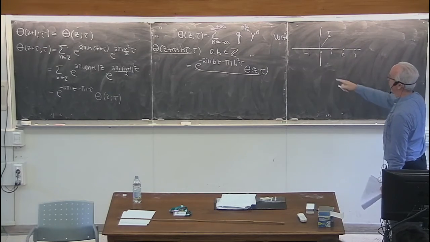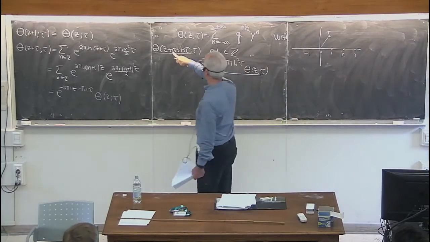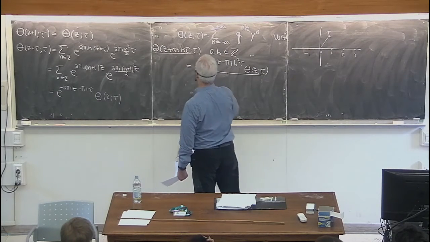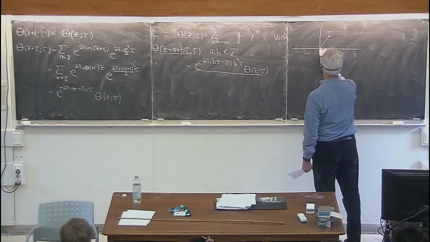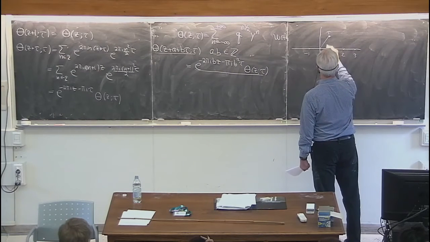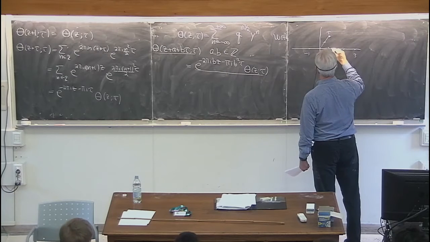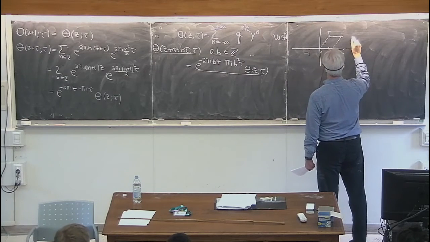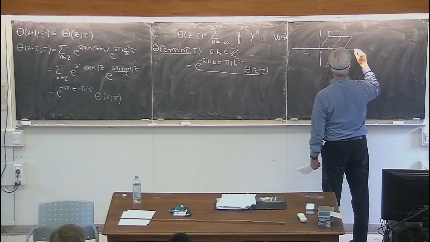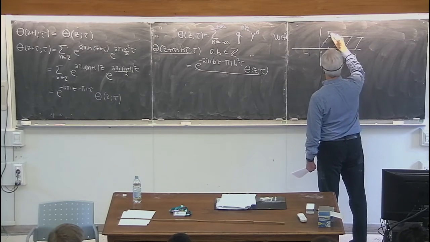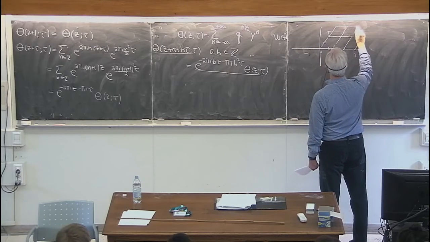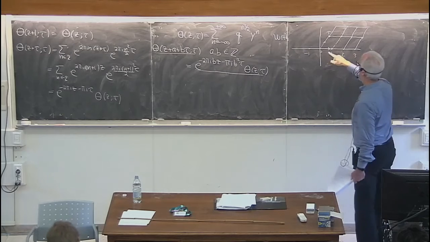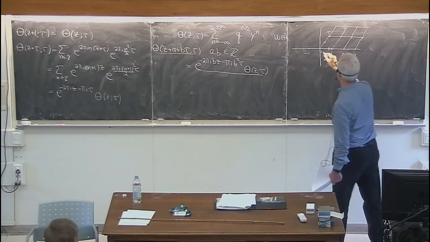And here I'm looking at the transformations where I shift the real part by an integer, or I shift by an integer plus an integer times tau. So that means I'm looking at the transformations where I shift by any point on a lattice that is generated by shifts by 1 and shifts by tau.